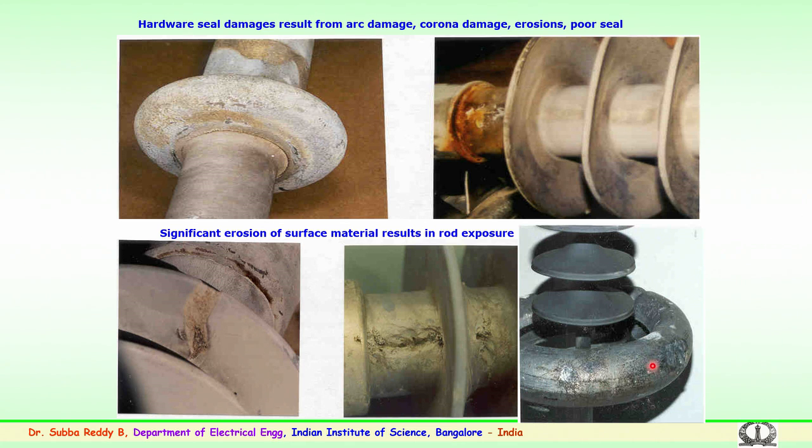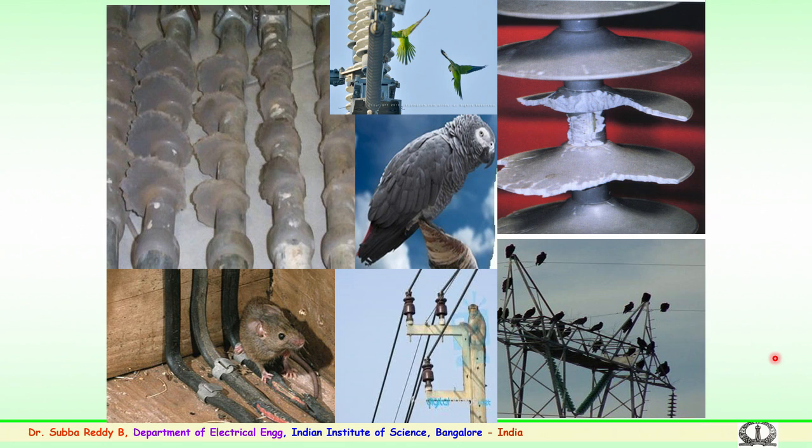Over a period of time, if this insulator is not properly designed and not properly oriented and placed, it could lead to continuous discharges, and these discharges on the surface of the insulator could completely damage the hydrophobicity effect on the insulator and could lead to failures. So, these are some of the various failures which have happened because of electrical stress, mechanical and corona related issues.